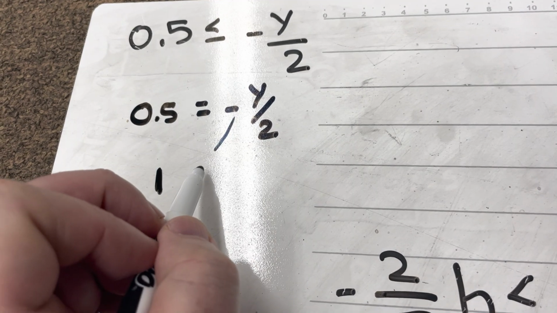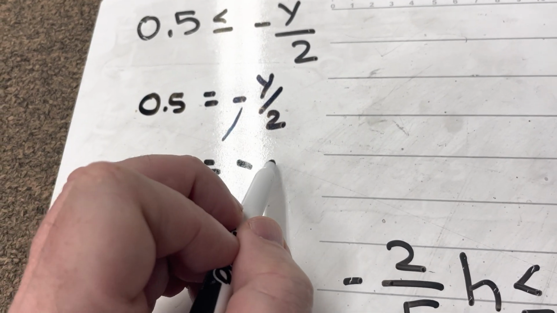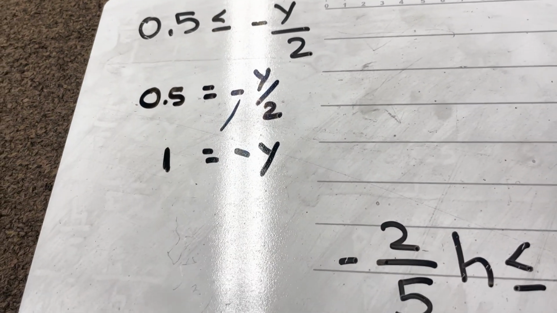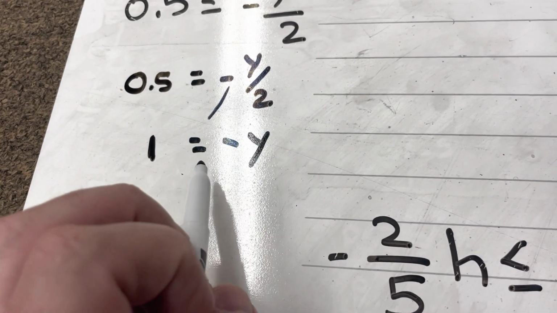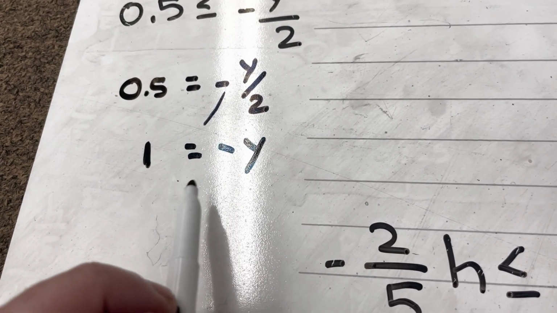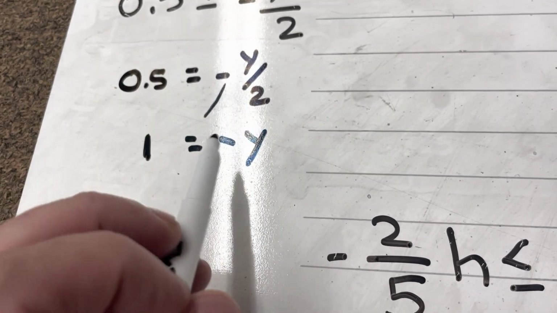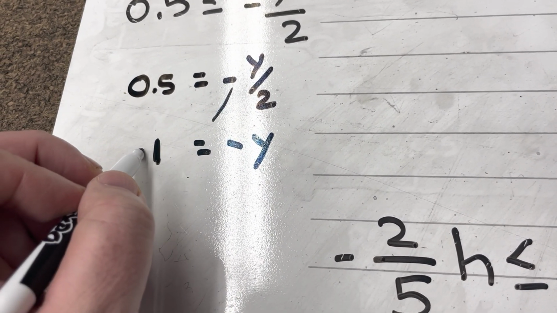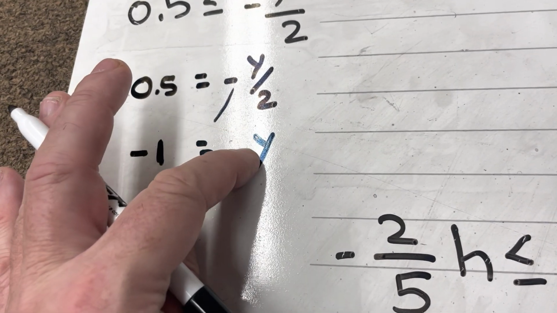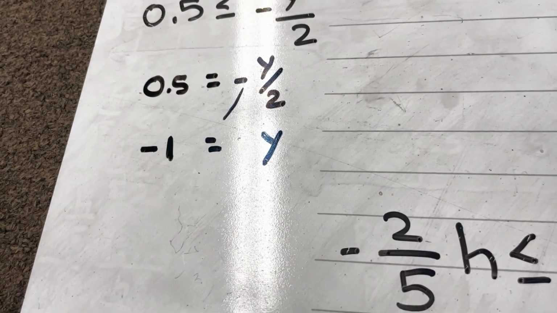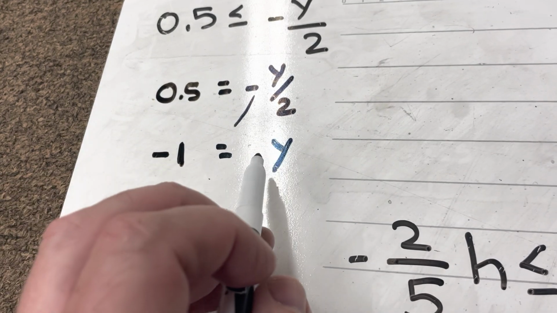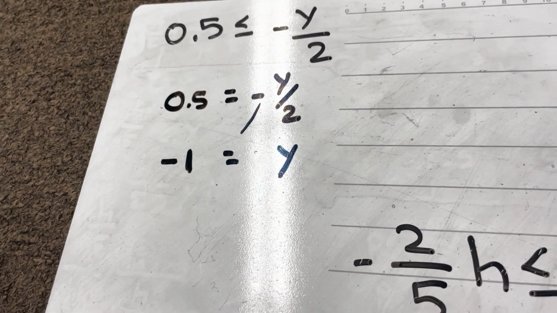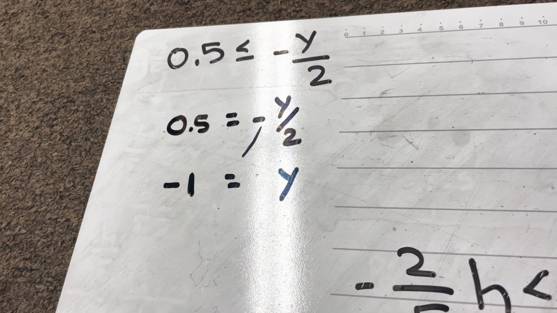And then we're going to say, well, 1 equals negative y. Well, to make that work, I basically have to multiply everything by negative 1 to get the positive side. So when I multiply everything by negative 1, I actually end up with negative 1 equals a positive y, because I got to get rid of the negative sign. Now, here's the catch.